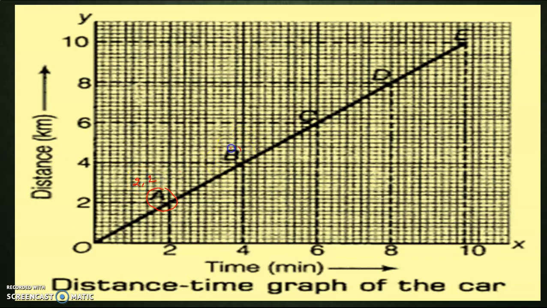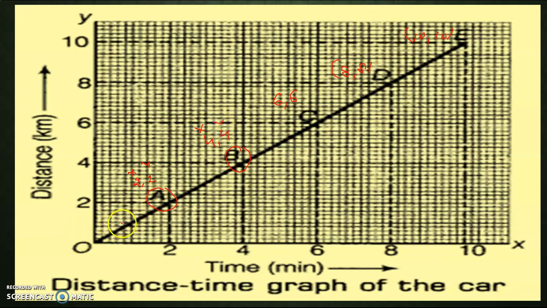This is point B, which represents 4, 4. This is point C, which represents 6, 6. This is point D, which represents 8 and 8. This is point E, which represents 10 and 10. So these are the points on the x-axis and y-axis of the given data.